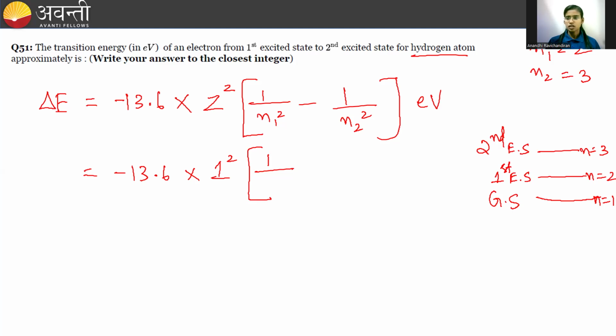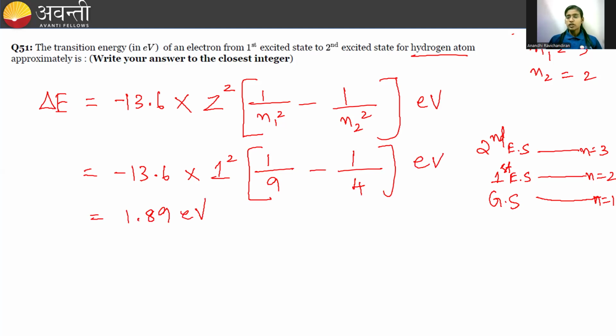So N1 value is 3 and the N2 value is equal to 2. If I substitute, I will have 1 by 3 square, which is 9, minus 1 by 2 square, which is 4, in electron volt. Now if we take the LCM and solve this, we will get 1.89 electron volt as the answer.